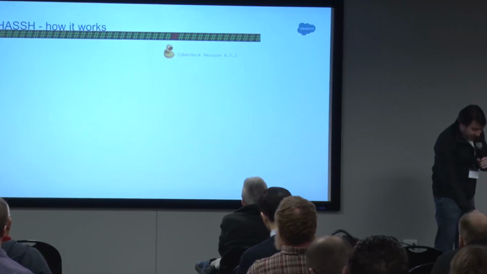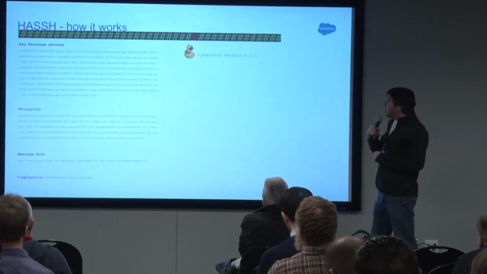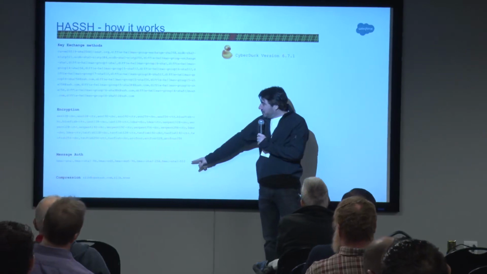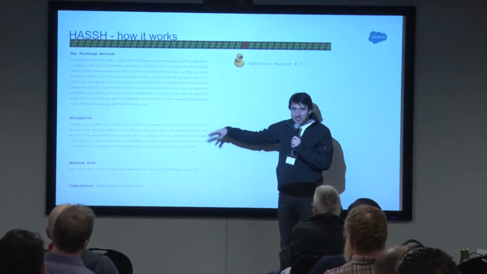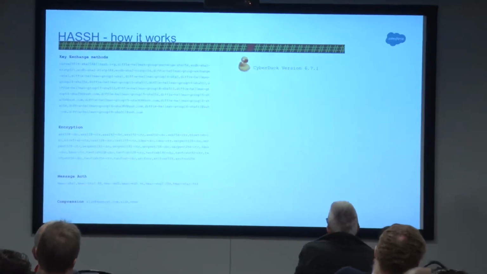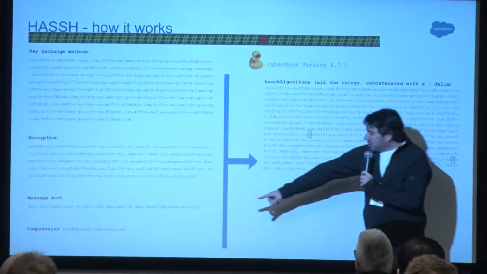So that's interesting. For an example of how this works, we'll use CyberDuck. This is the key exchange methods, the encryption, and the message auth for CyberDuck. This is in the key exchange init packet for the client. How HASSH works is it takes those and the compression algorithms.